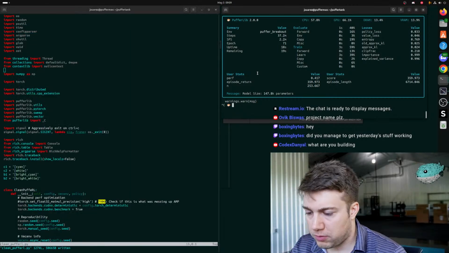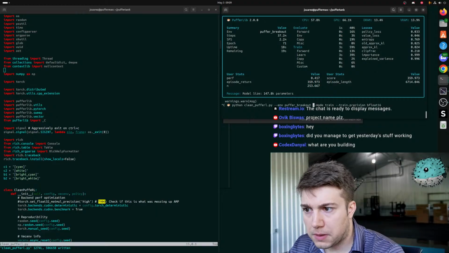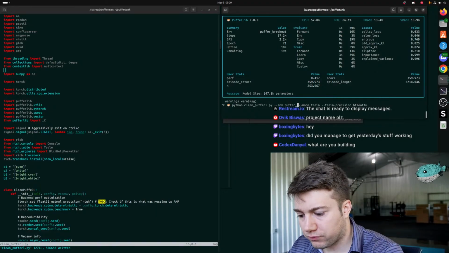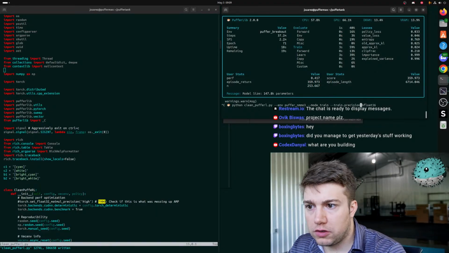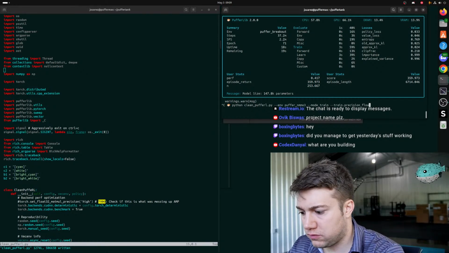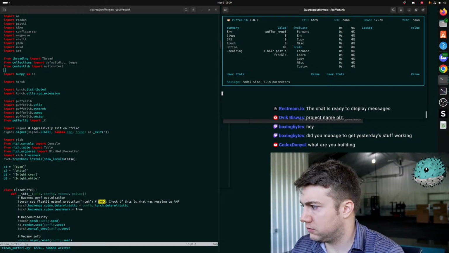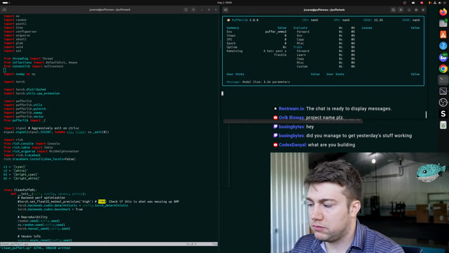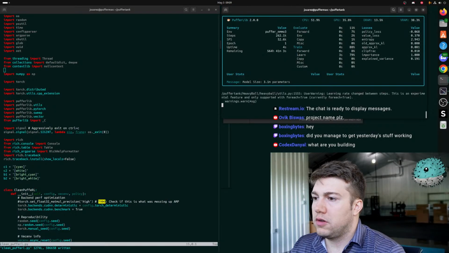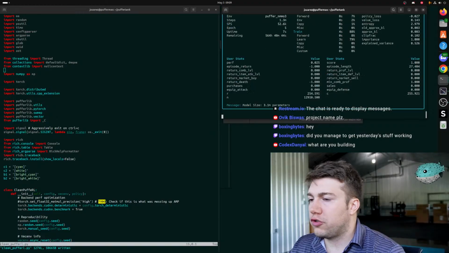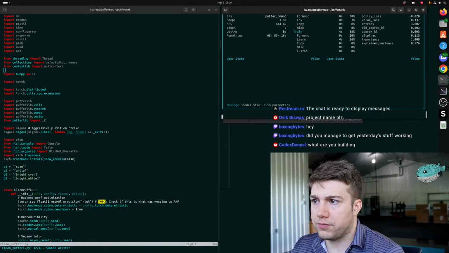Let's try a larger model. Okay, so this is original full precision. 450 is about right.